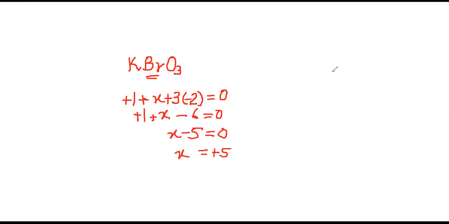Let's have another example. What is the oxidation number of nitrogen in calcium nitrate? So Ca(NO3) twice. What is the oxidation number of nitrogen? Calcium is from group 2, so it is plus 2.